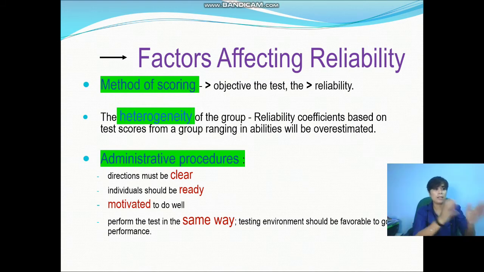You cannot ask A to go to the concrete surface and B to go to the sand surface. No, that will affect the reliability. Same place, same time. That matters. If it is morning, individuals should be ready, at least with warming up if necessary, so that the muscles are ready to perform a very quality range of motion.